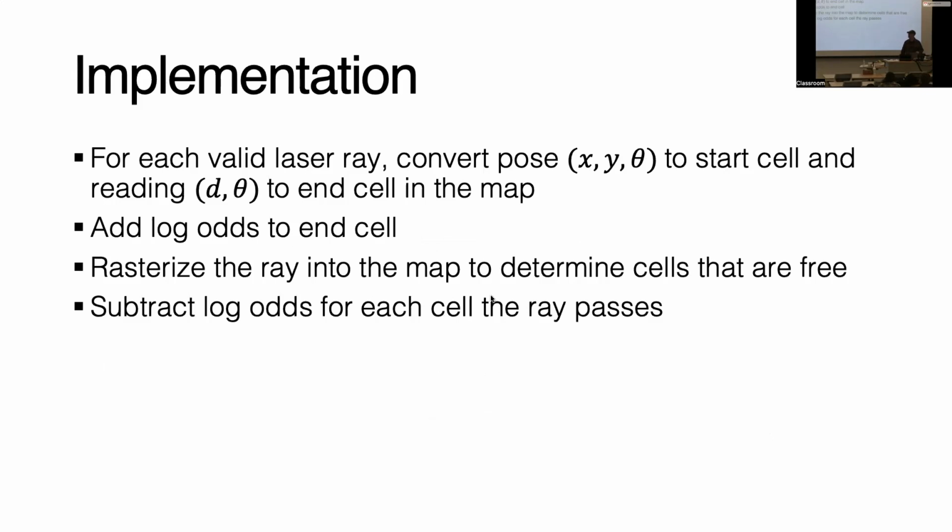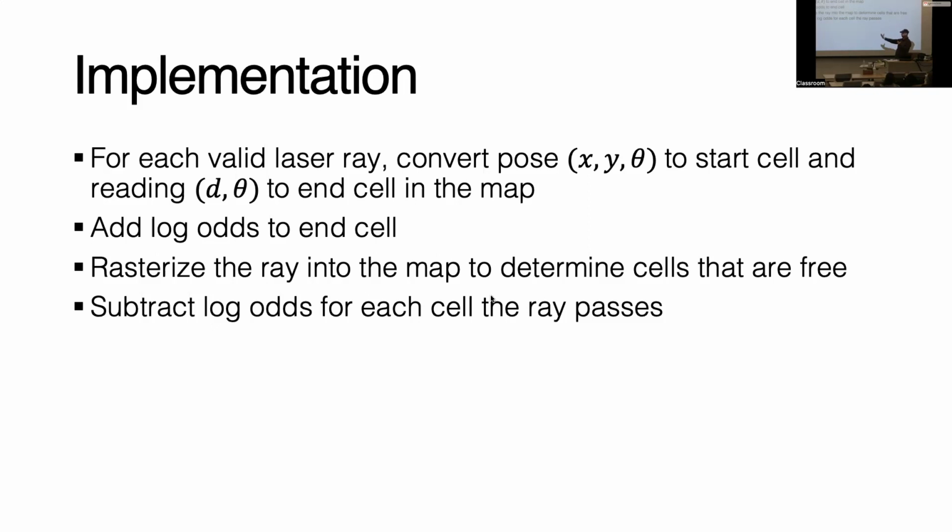All right, so to implement this, for each valid laser ray that we get, we're going to convert that laser ray, right, from the pose of our robot into the start cell in our map. And then we're going to figure out where that reading ended, the end cell in our map. For the end cell, that's where we got the return, right? We're going to increase the log odds.